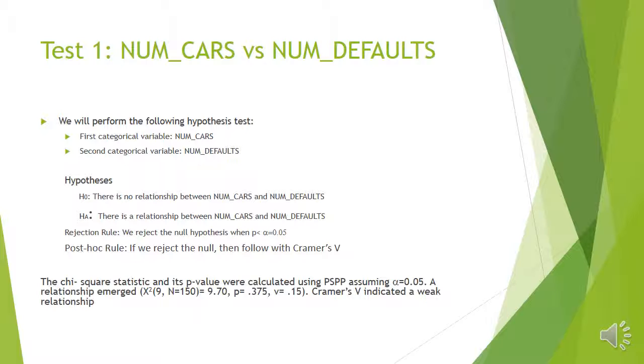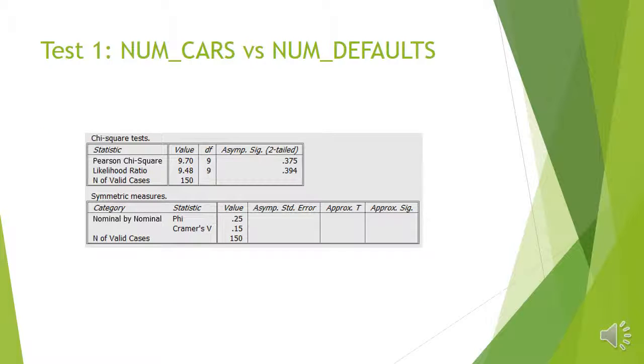Our Cramer's V value was found to be 0.15, which indicated a weak relationship, and this is represented from our chi-squared value shown to be 9.70 at 9 degrees of freedom with our significance at 0.375. Below we see our Cramer's V value of 0.15.